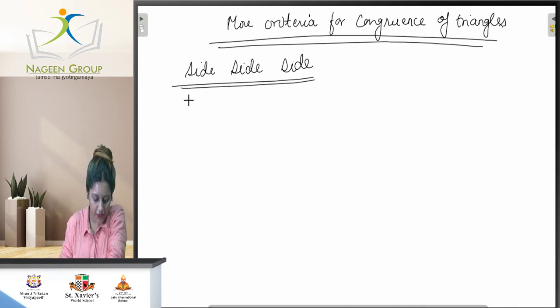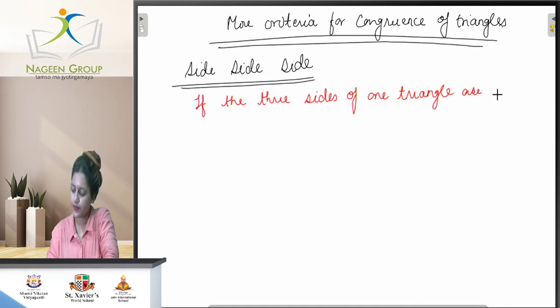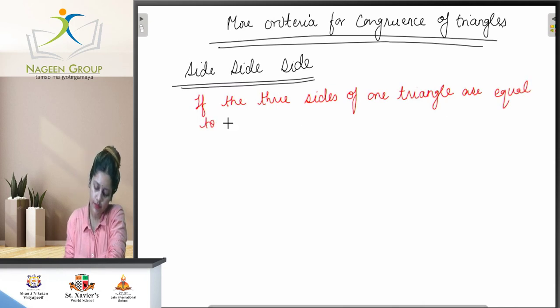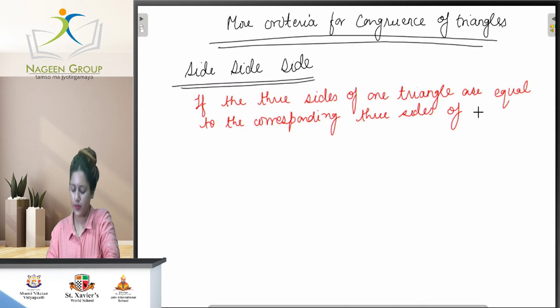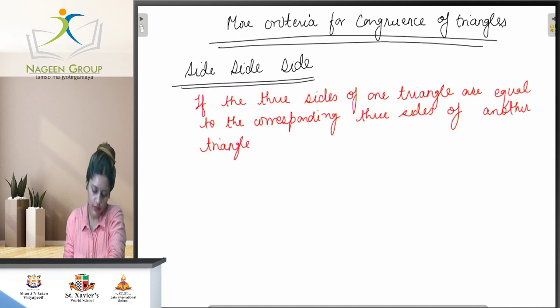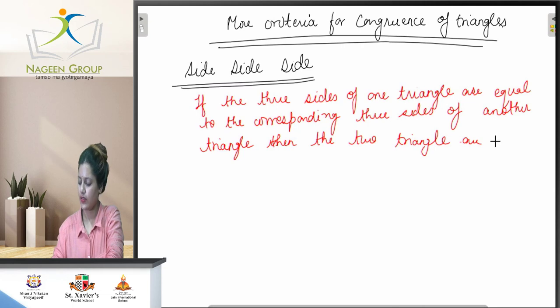So it shows us that if three sides of one triangle are equal to the corresponding three sides of another triangle, then the two triangles are congruent.